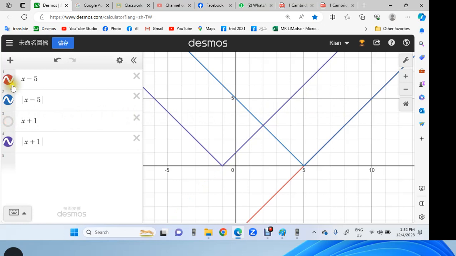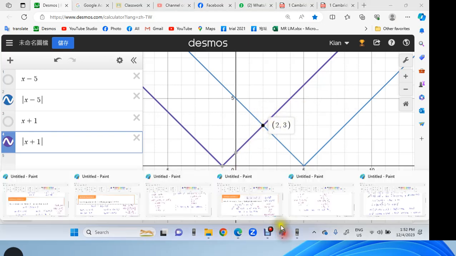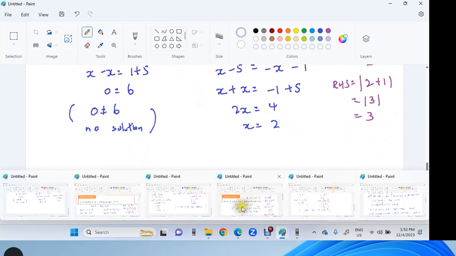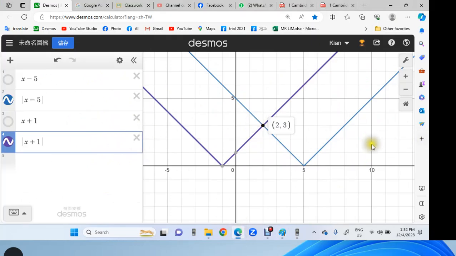So we don't look at the x minus 5 and x plus 1, we look at here. So the solution is 2, 3. So that is x equal to 3, y equal to 2, x equal to 2, y equal to 3. Like what we solved here, x equal to 2 is the solution.